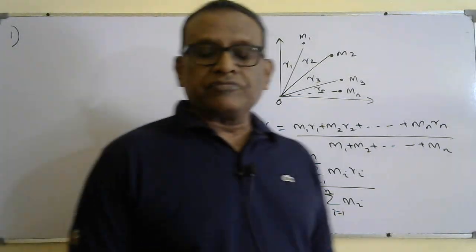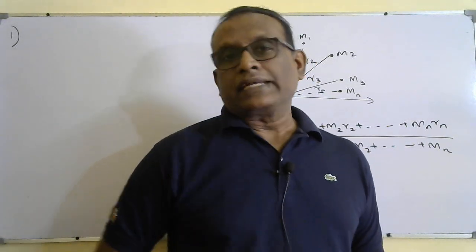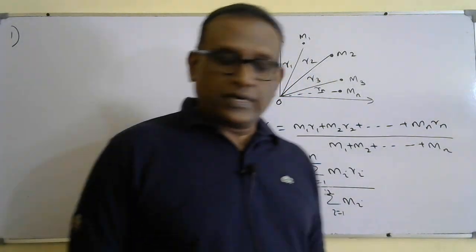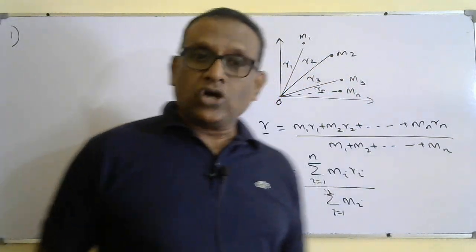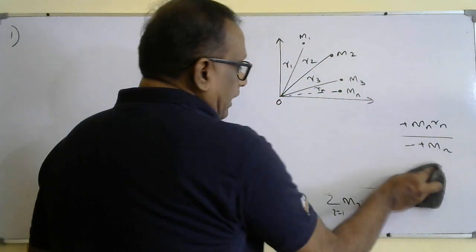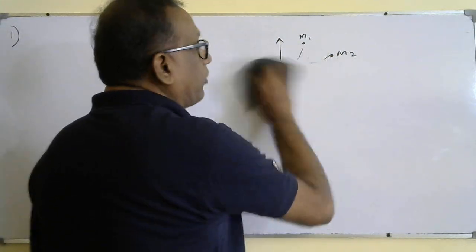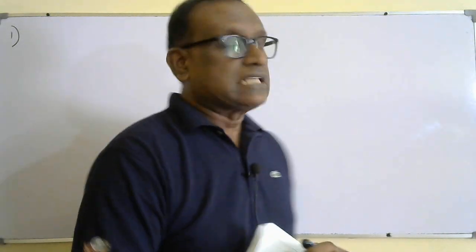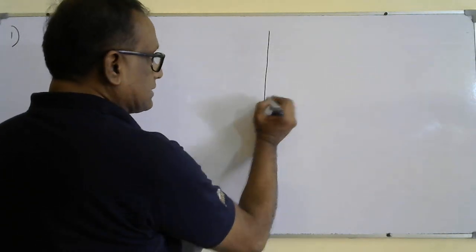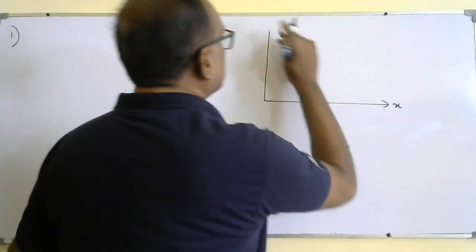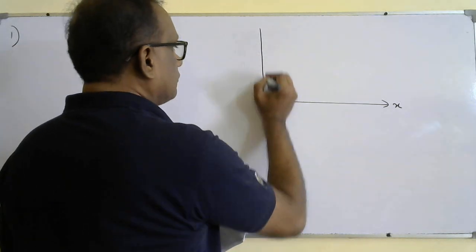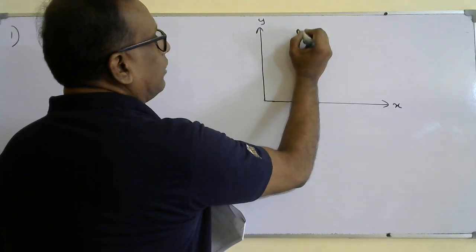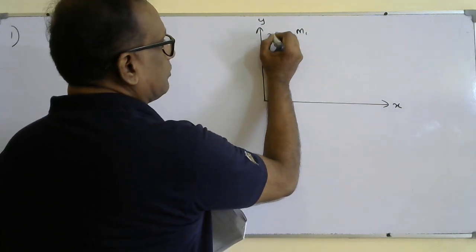But at the same time, you can find the center of mass from a particular axis. For example, you can find the x coordinate of the center of mass. Also, you can find the y coordinate of the center of mass. This is the center of mass I found from a point, but you can find the distance of the center of mass from an axis. Say, for example, if this is the y-axis and this is the x-axis, there's a particle of mass m1 at a distance x1 from the y-axis.